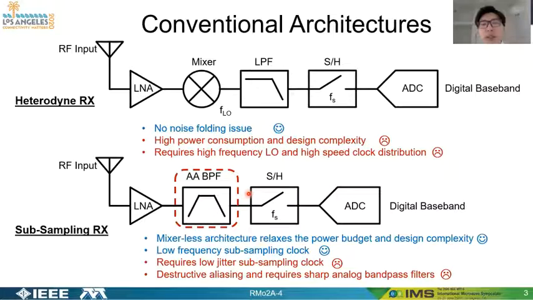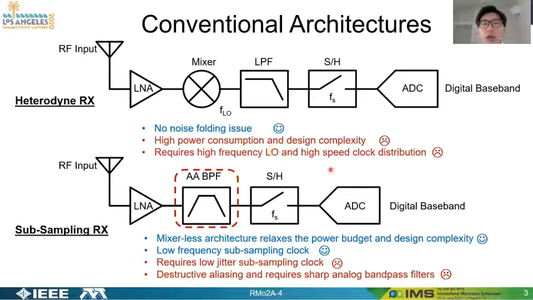To begin with my talk, let's first look at the conventional receiver architectures, heterodyne receiver, and subsampling receiver. The heterodyne receiver architecture alleviates the noise folding issue compared to the subsampling receiver. However, the LO frequency of the mixer is high and consumes a lot of power, especially in millimeter wave applications.